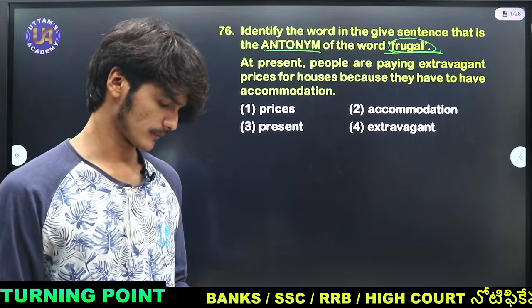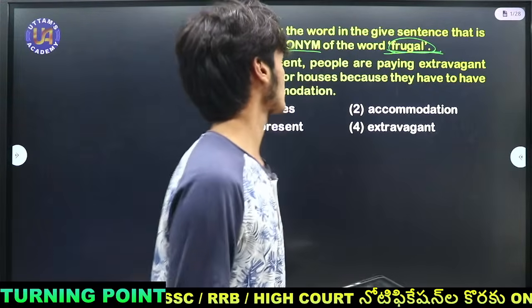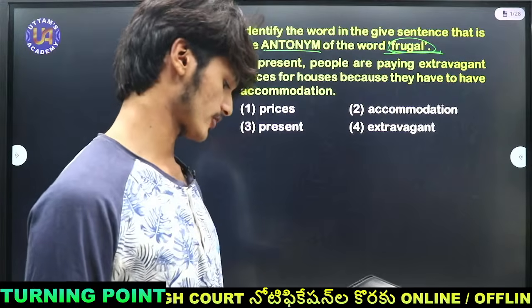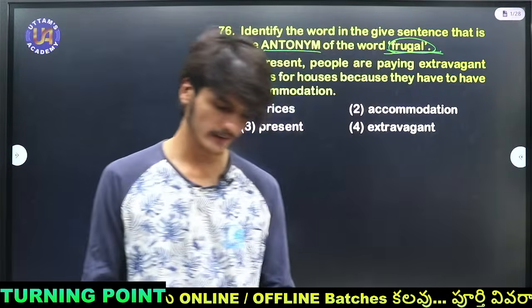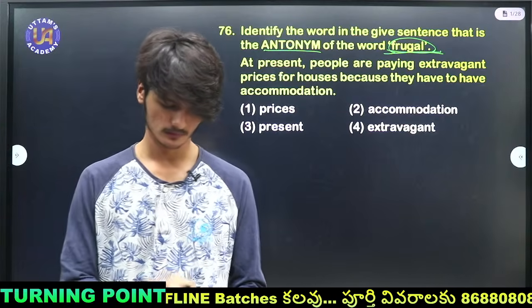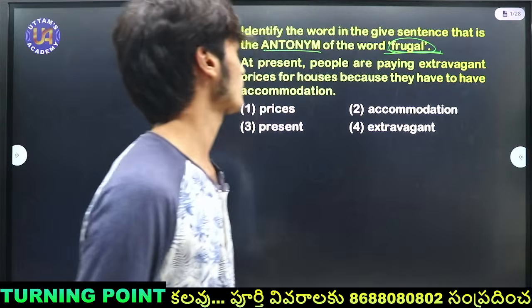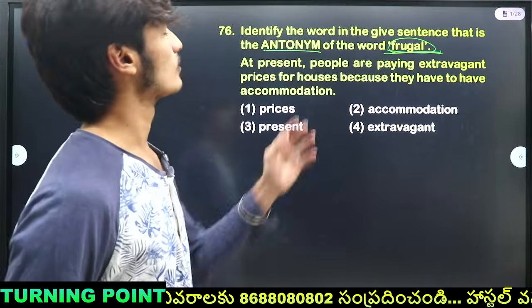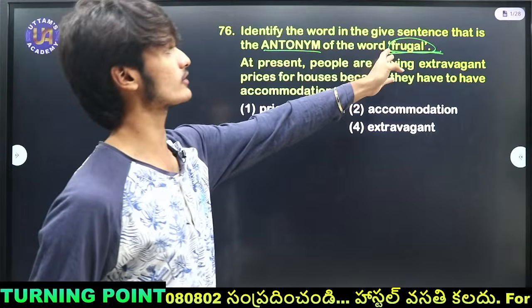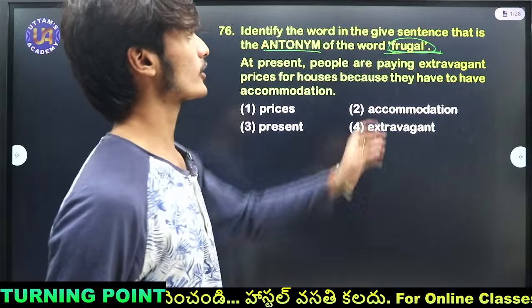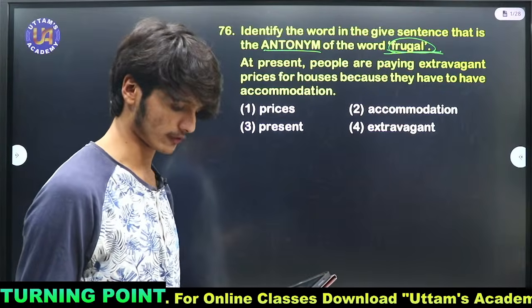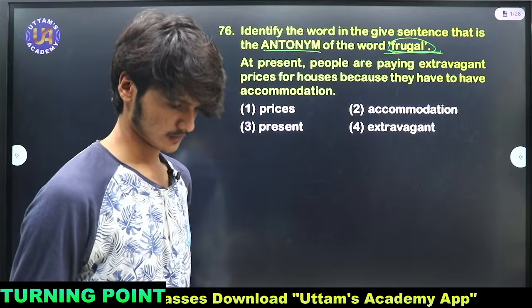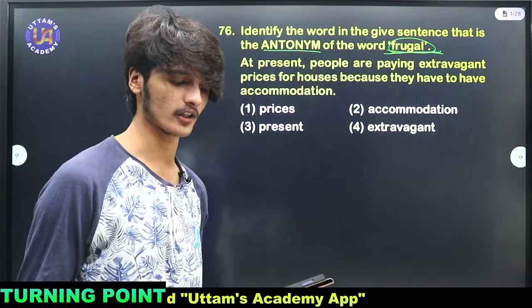Anudipti says extravagant. Hassan Basha also says extravagant. Good evening Arjun Reddy, welcome to the stream. Now, first we must know the meaning of the word frugal. If we know the meaning of frugal, then we can easily identify its opposite. So any guesses what the word frugal means?